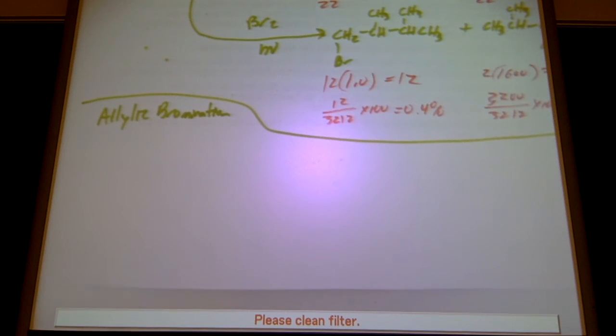Look at what's known as allylic bromination now. Alkenes react with N-bromosuccinimide, NBS, to give a product substituting bromine for a hydrogen at the allylic position. The allylic position is a position adjacent to the double bond.